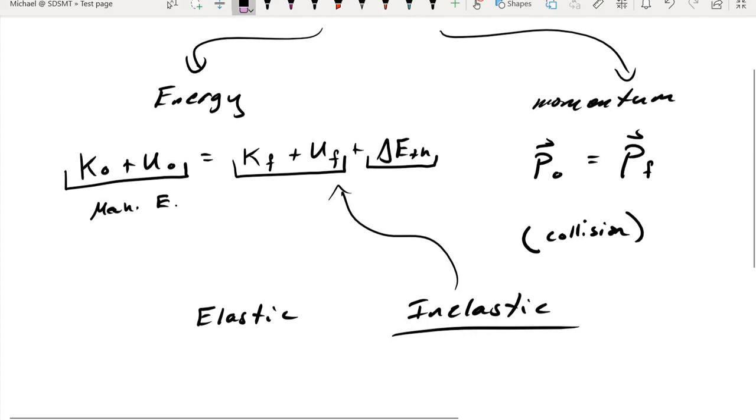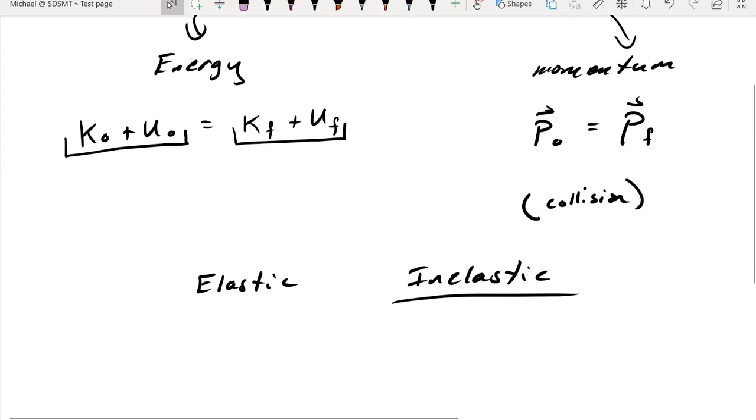Whereas for an elastic collision, we would conserve the mechanical energy, and that means that there would be no resistive forces in the system, so no friction, no air resistance, but that makes for a pretty unrealistic system.